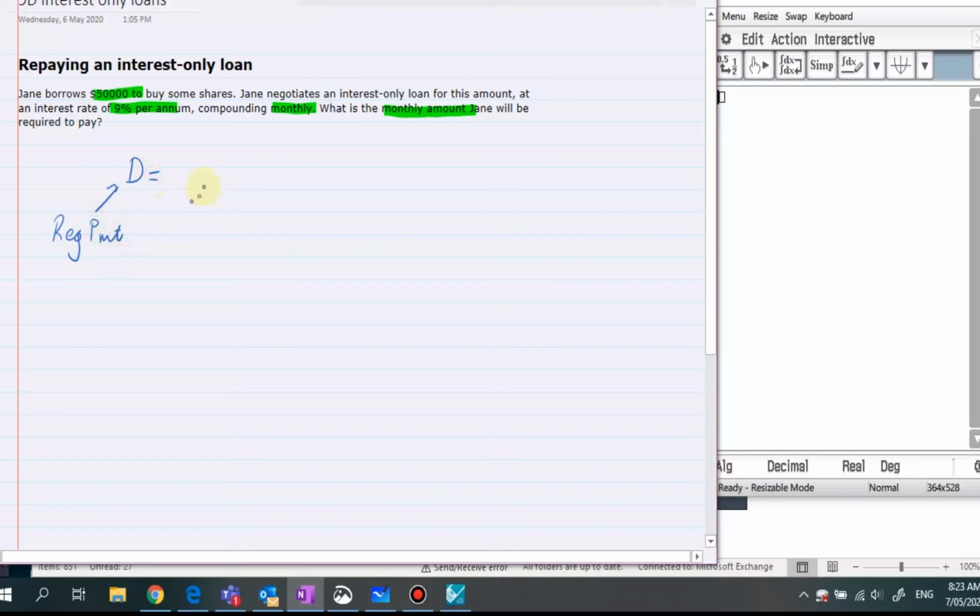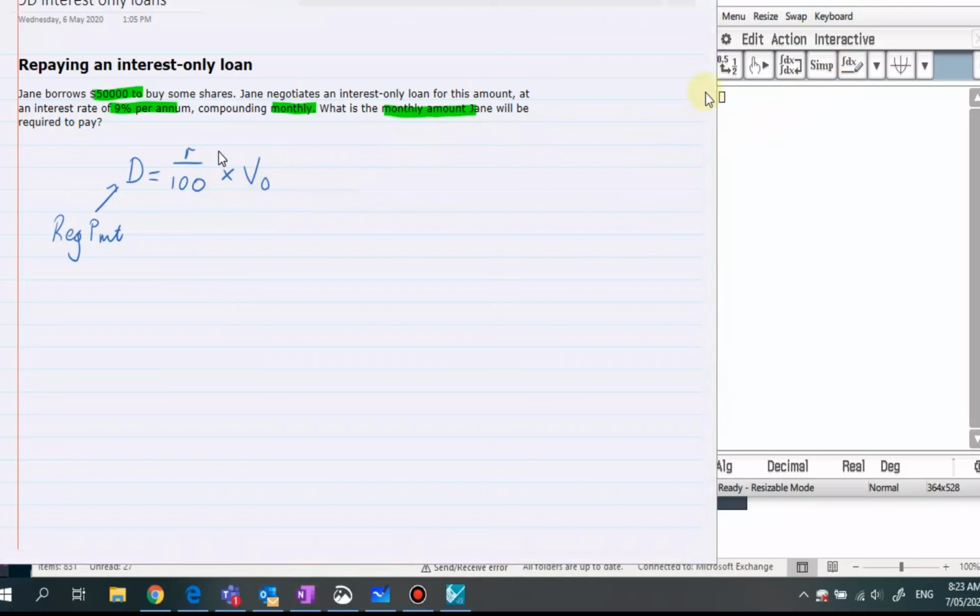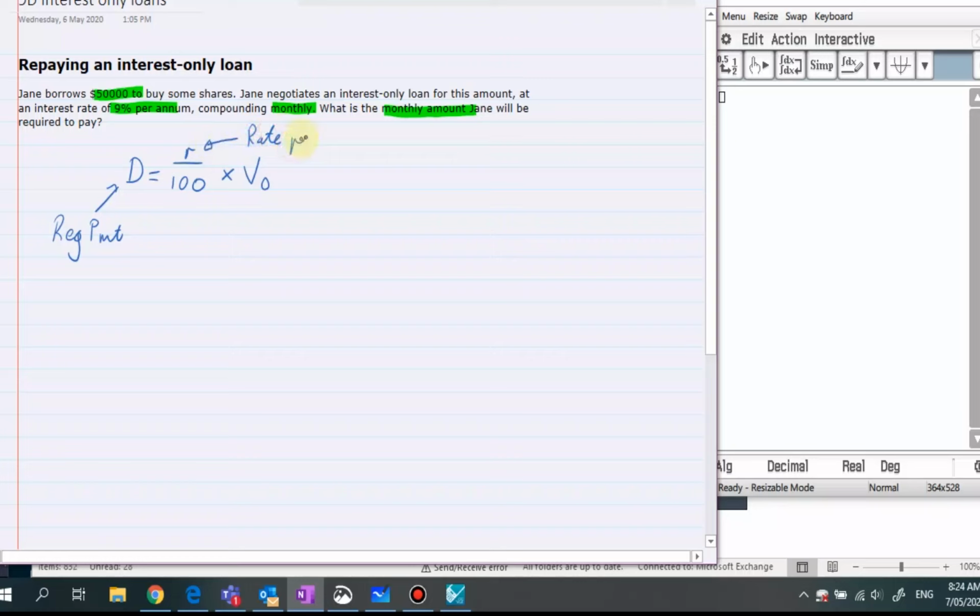D is equal to R, so the rate that Jane's paying, divided by 100 times the original. Okay. And it's important to note that R is the rate per compounding period.